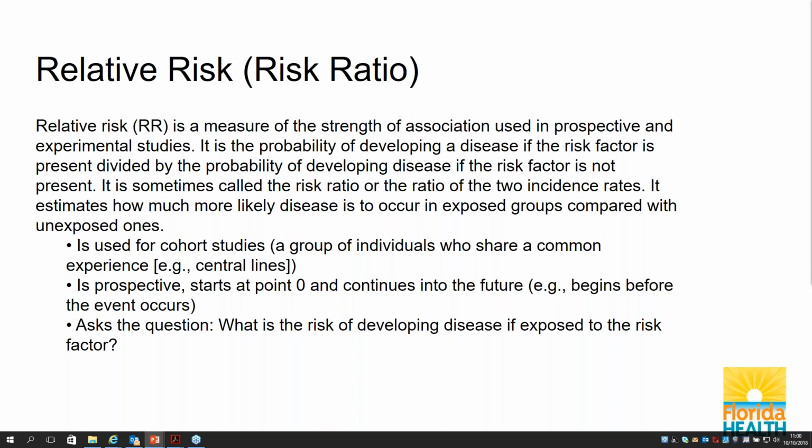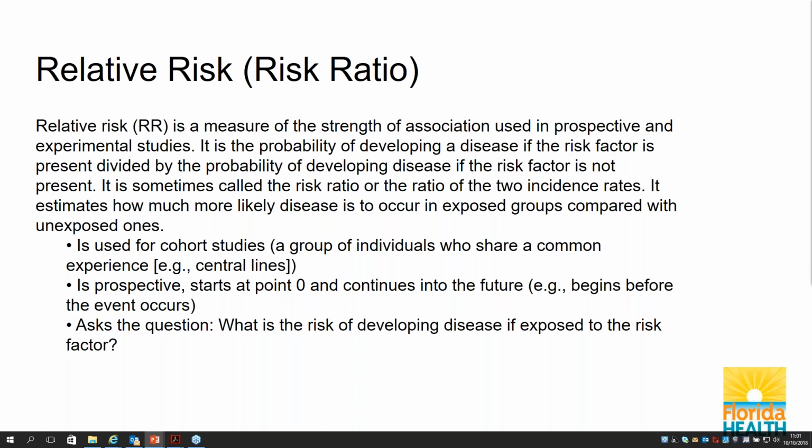So they keep getting a Pseudomonas infection, and you're trying to get to the bottom of, well, what is the risk of them developing this infection if they have a trach, if they're vented, if they're getting dialysis? So this is how you're coming up with your risk ratios. You're really asking, what is the risk of developing disease if exposed to this risk factor?